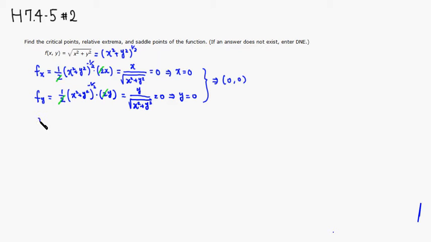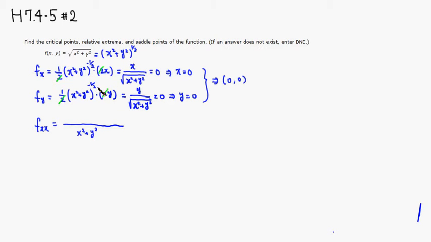So the second partial with respect to x would be, we have to use the quotient rule here. Square the bottom, so you have x squared plus y squared, the square root is gone.